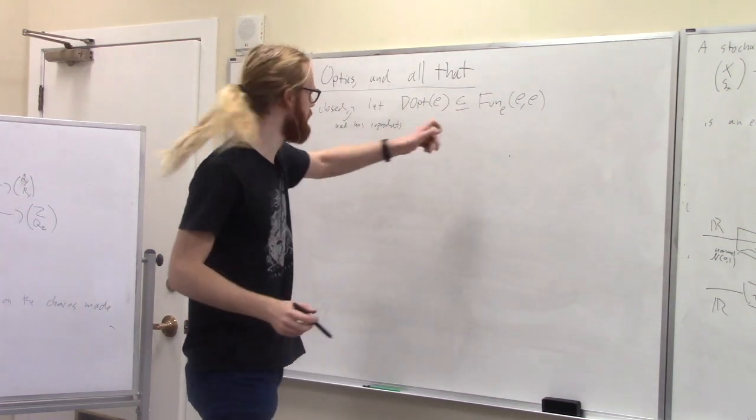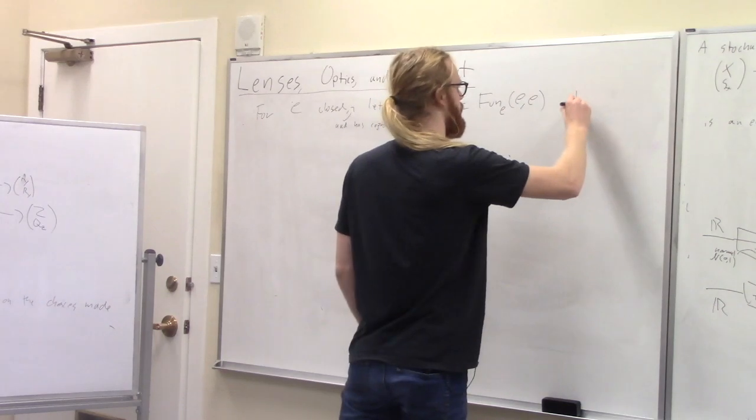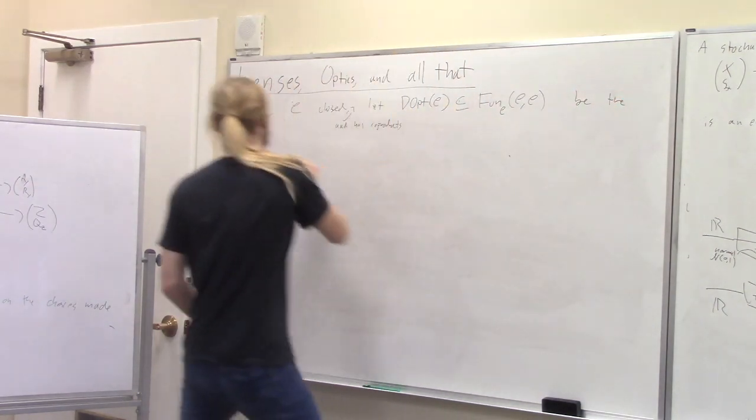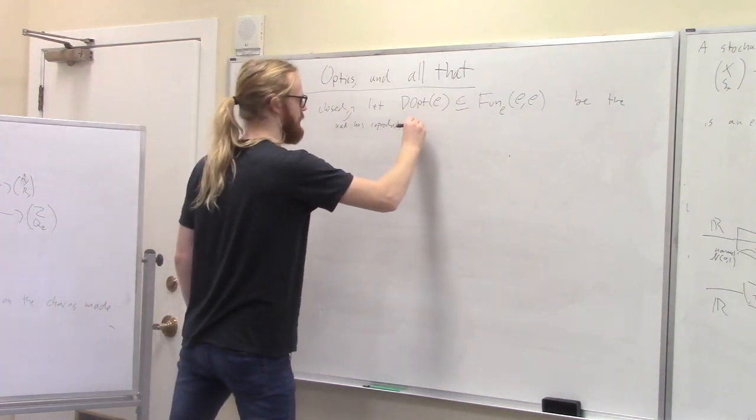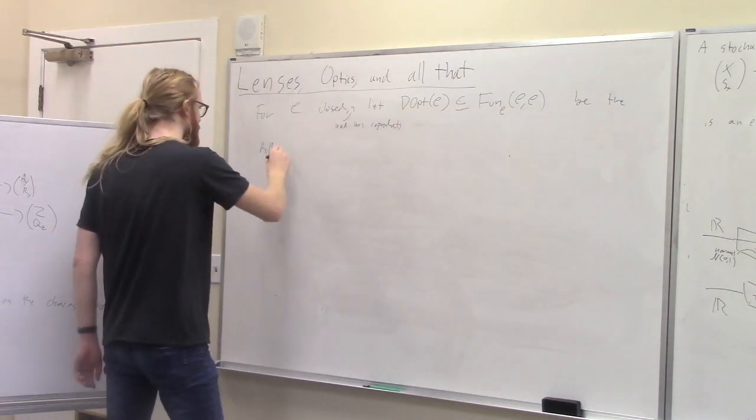Inside the enriched functor category, we have full coproducts, and I guess it always has tensors, this is stupid.